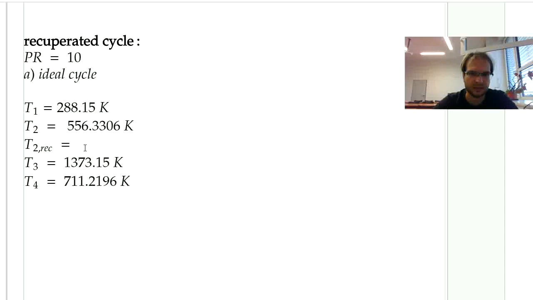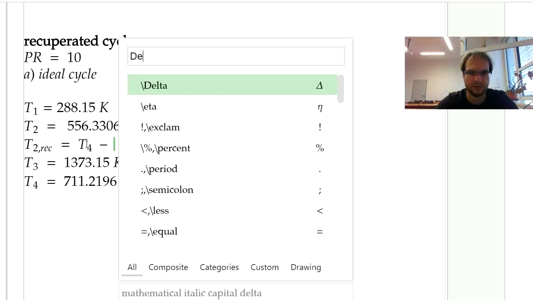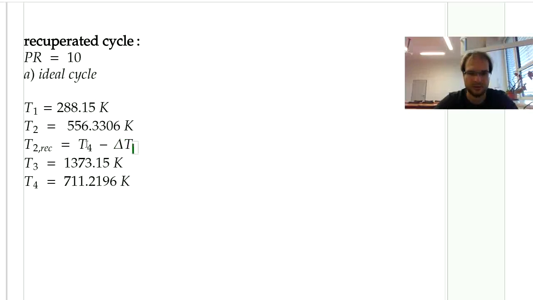Now we can get the temperature T2 recuperated, because we know that it was the temperature T4 minus the minimum temperature difference, which in the case of the ideal cycle is the temperature 4 minus 0.